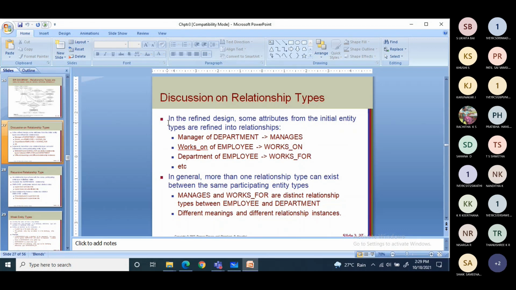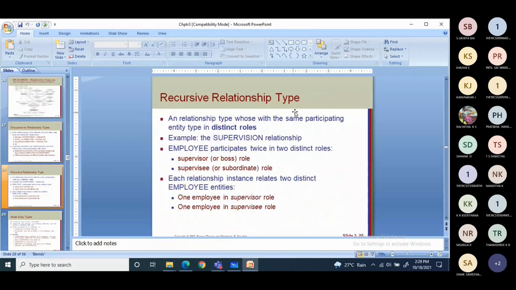Both are distinct relationship types between employee and department, which give different meanings as well as different relationship instances. We already know what we mean by instance. Instance is a value. Each relationship type accepts different attribute values.